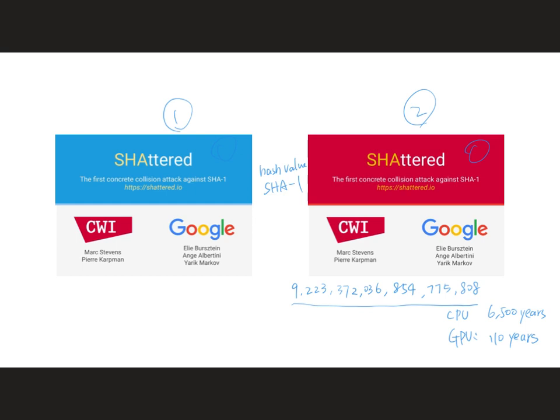And Google used many GPUs on these computations, so they got the result not that quickly, but much quicker than 110 years. If you think this is interesting, you can open their website, Shattered.io, to download those two PDFs and do the SHA-1 computations by yourself.